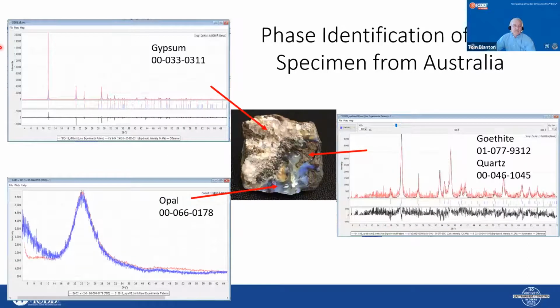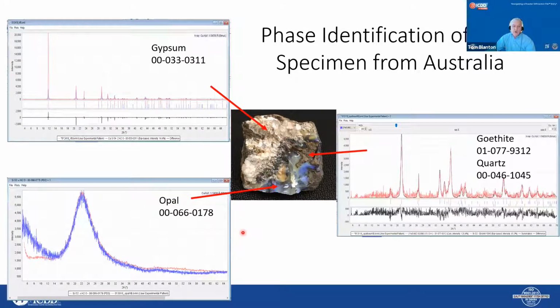When we do the diffraction pattern, in blue is the simulated pattern or the raw data pattern from the database. Red is the raw data from the sample, and we get a good match for gypsum where we have these crystals. In the dark region, we have goethite and a little bit of quartz that's present. And in this glassy region, we have identified opal.